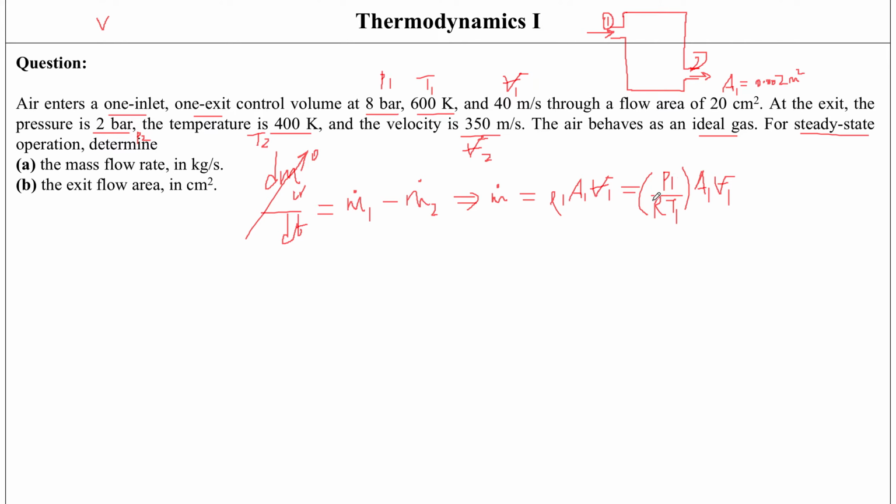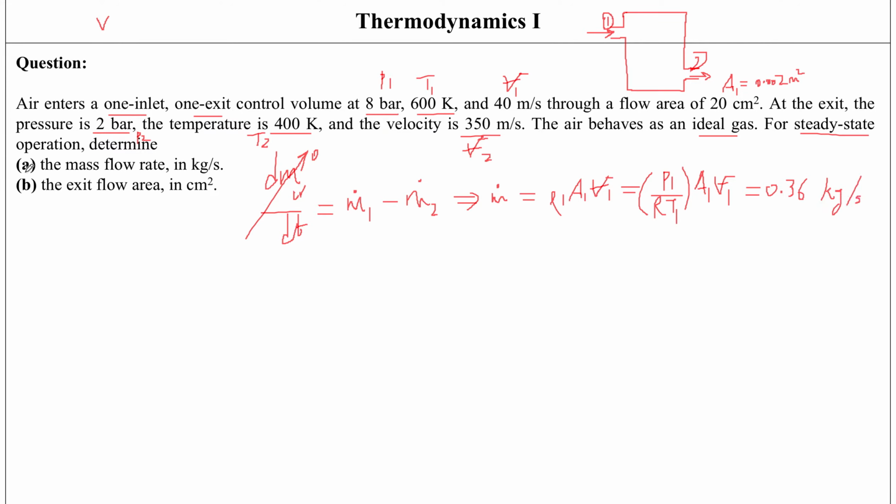You're going to have to find out this specific gas constant, so it's going to be 8.314 divided by 28.97, which is for air, and just multiply it, and you're going to be able to find out m dot from here, which is going to be around 0.36 kilogram per second.